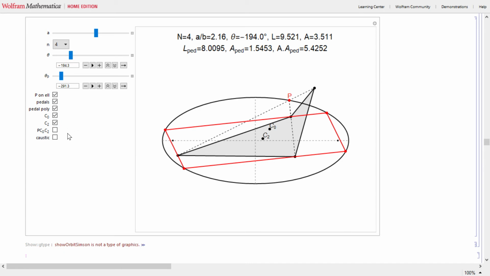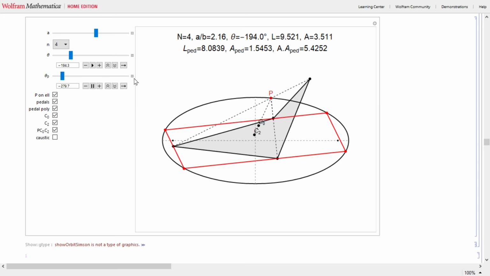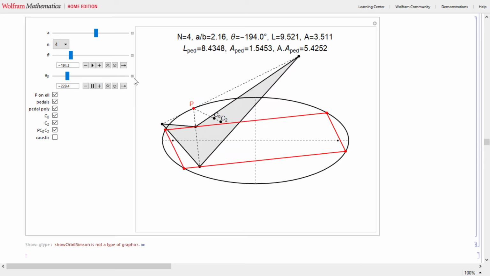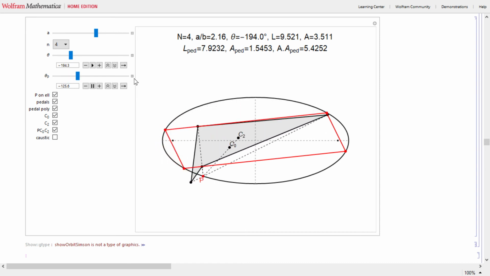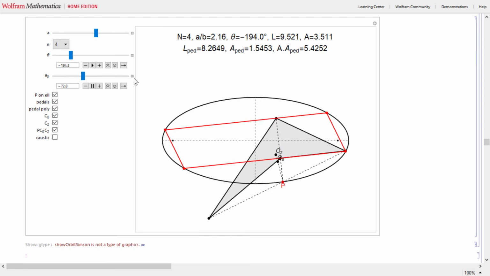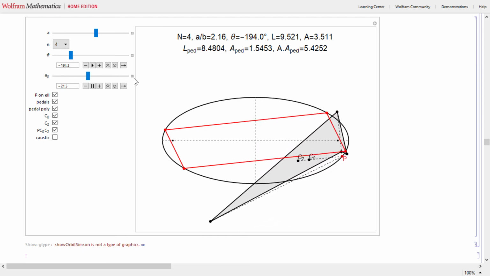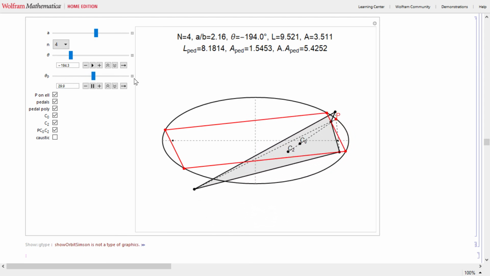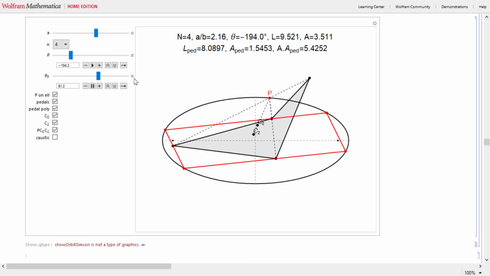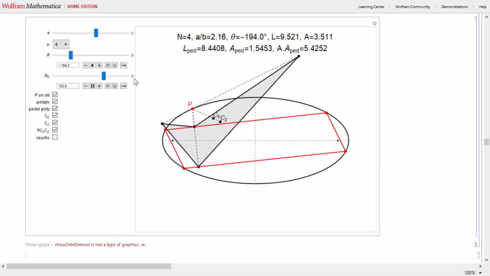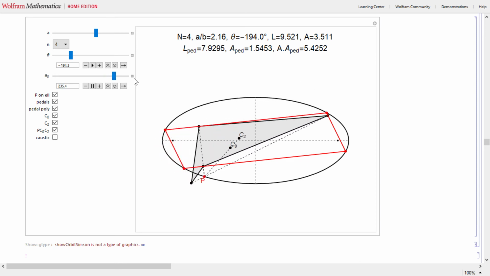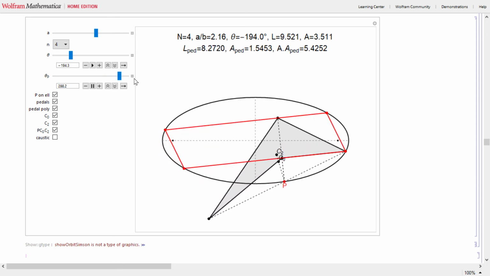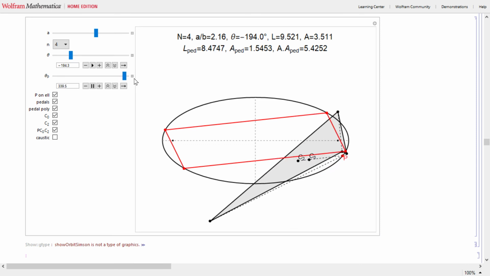Now, curiously, these 3 points are collinear over all P. So while the area of the pedal polygon is preserved, neither C0, the average of vertices, the vertex centroid, nor C2, the area centroid of the region, are invariant. They're not stationary, but they maintain a curious collinearity with the generating point P.